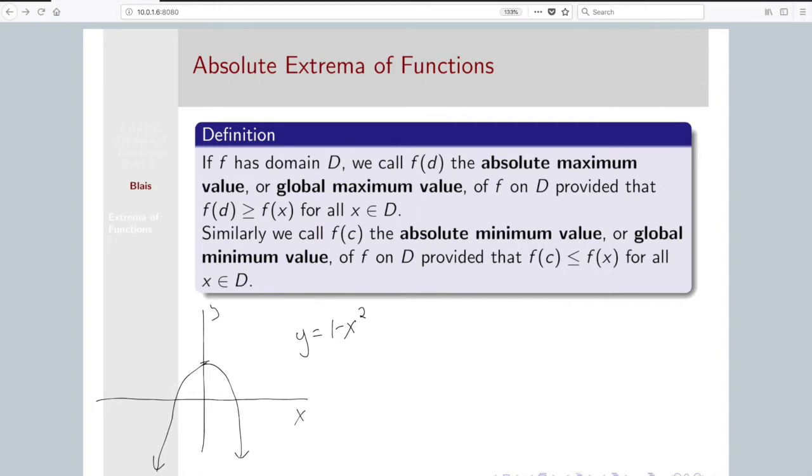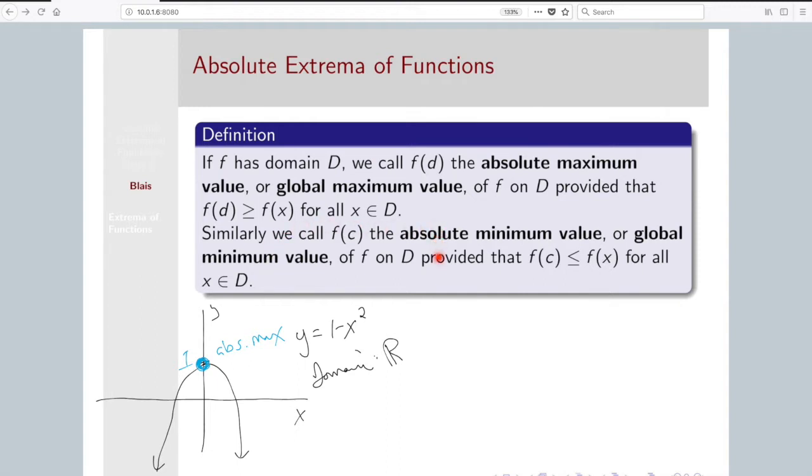Its domain is the whole real line. We can plug in any x. And it has an absolute maximum value here at 1. It's the largest value that this function attains. It does not have a global minimum value or even a local minimum value.